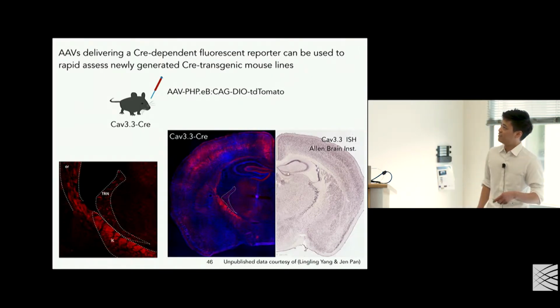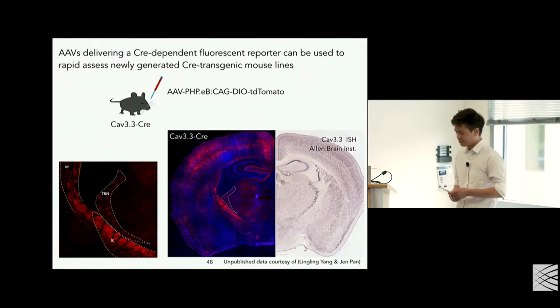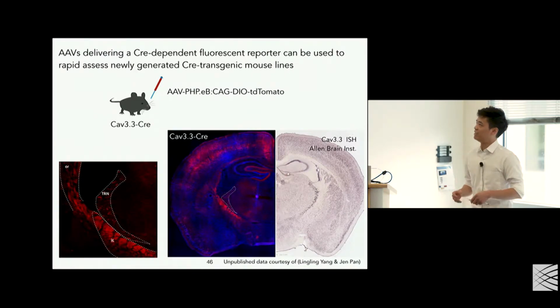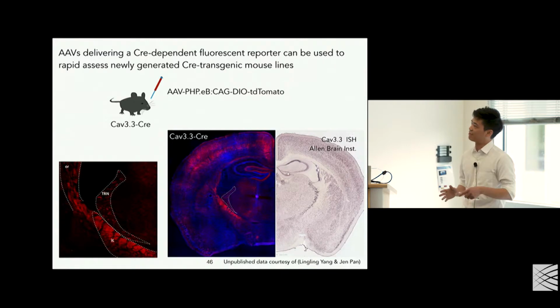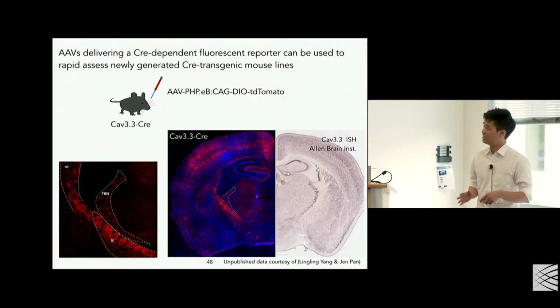AAVs can deliver a Cre-dependent fluorescent protein to assess newly generated Cre transgenic mouse lines. Here, in collaboration with Ling Ling and Jen Pan's group, they're interested in the CAV3.3 gene because it's a candidate gene for schizophrenia.